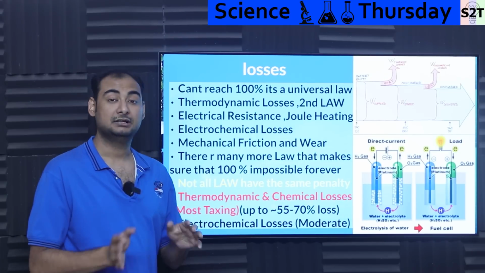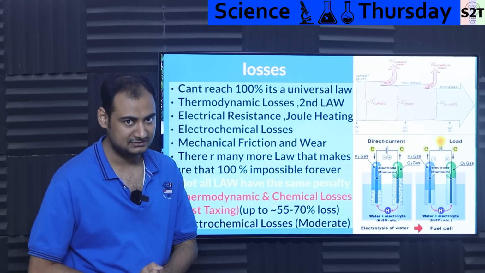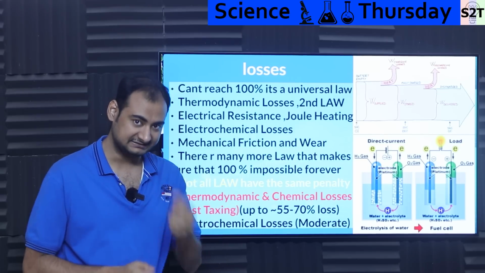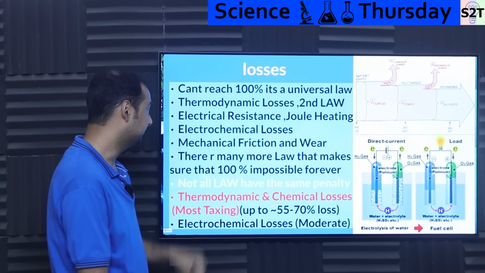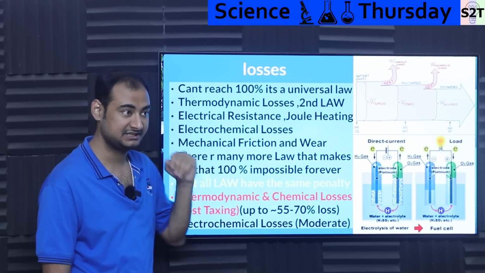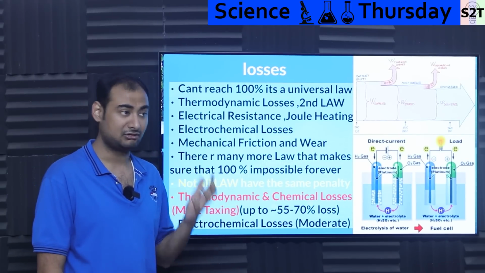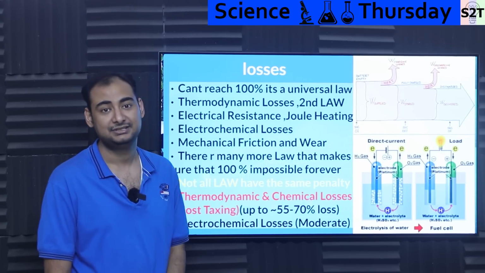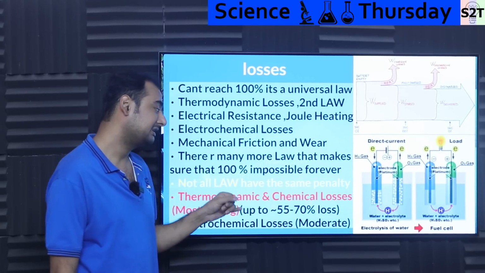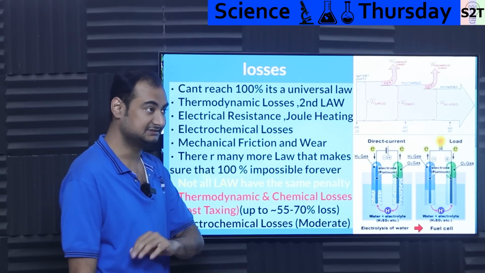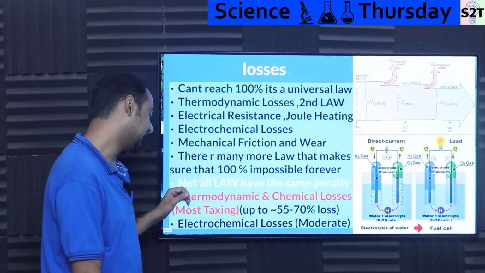Another aspect, this is very crucial, you must understand this. Many times people trick you at this stage: not all laws have the same penalty. For example, the worst offender is thermodynamics. Basically, if you are going through the chemical route, or let's say the heat engine route, run away. You're going to waste most of the energy just in that conversion phase. So thermodynamic and chemical losses are the worst option we have, and the most taxing.